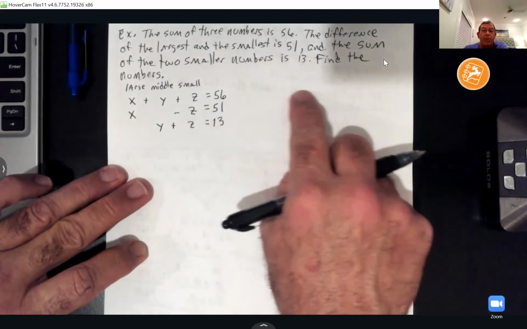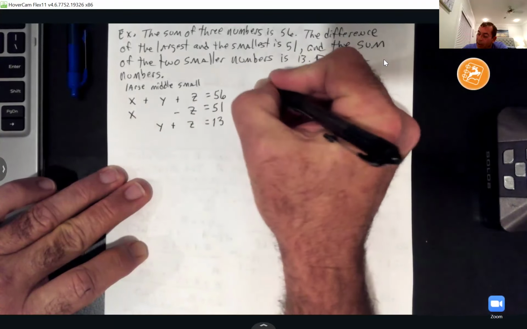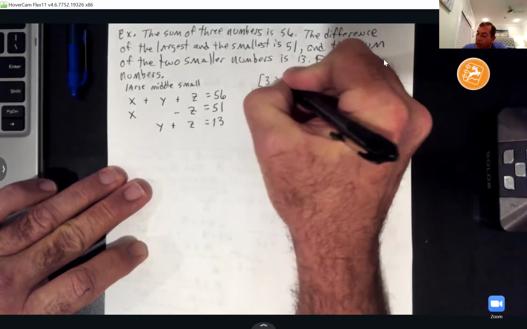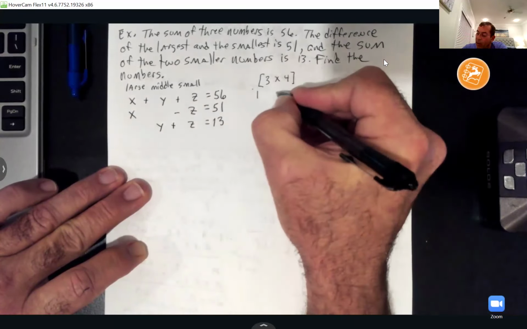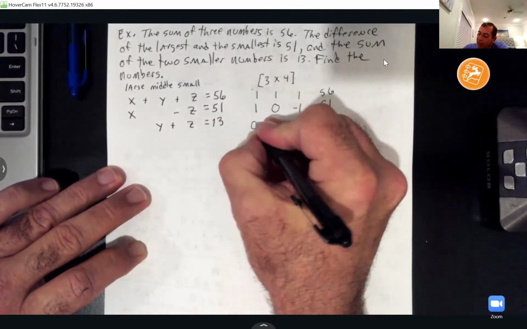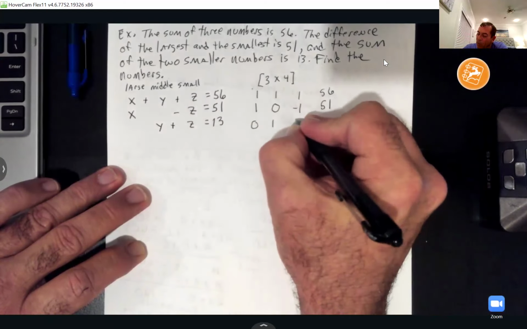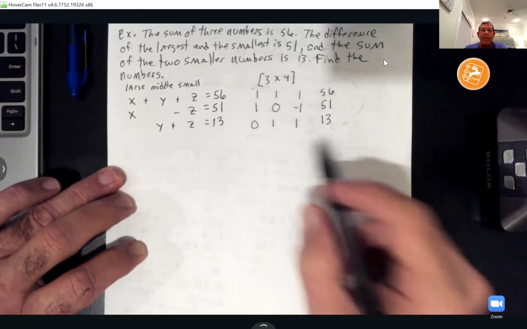So now I'm going to show you what I would do to throw this one in the calculator. I'm going to put in a 3 by 4 again, 3 rows by 4 columns. 1, 1, 1, 56. Second row is 1, 0, -1, 51. Last row, 0, 1, 1, and 13. So y'all, this is what we'll put in.